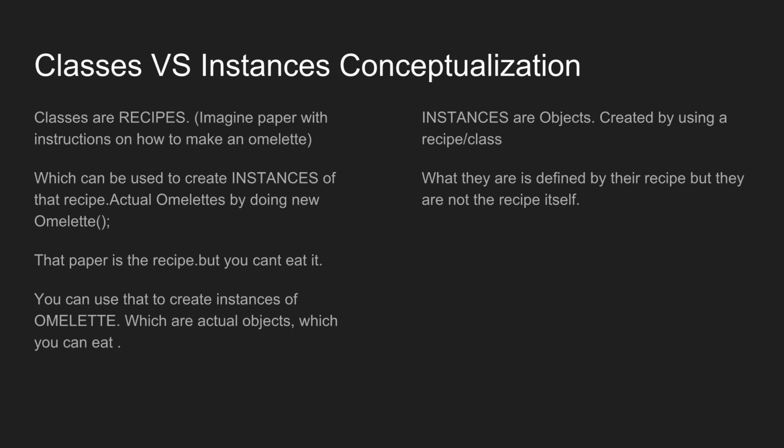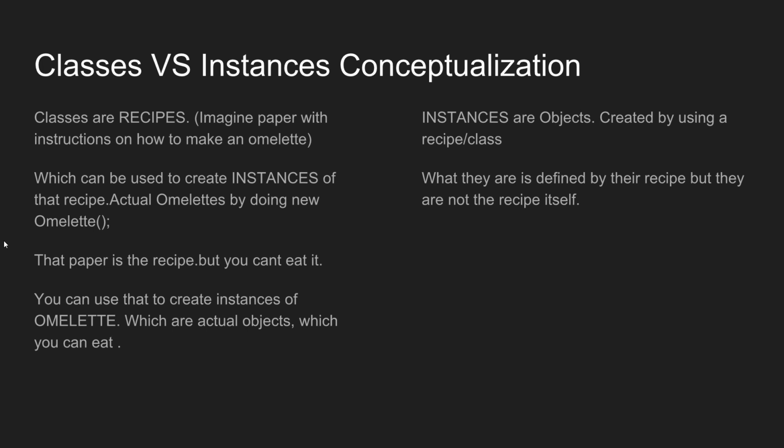That's the object that will actually have all the things you were talking about when you were writing the recipe. So when you're coding and you say public class XYZ, you're actually writing a recipe for an object that will be created using that recipe. So try to conceptualize it like that.